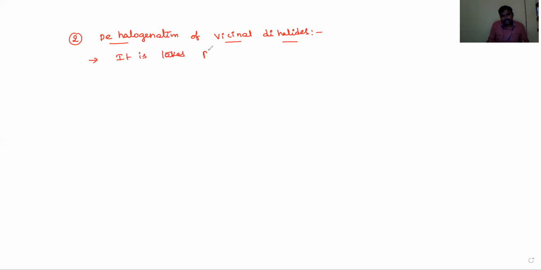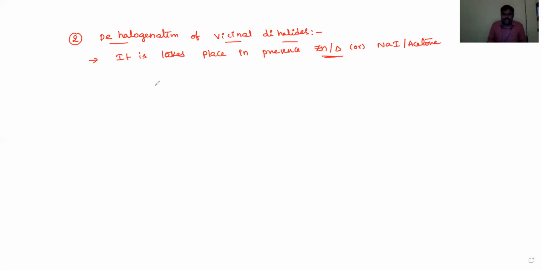It takes place in the presence of zinc metal, or sodium iodide in acetone solvent. These are very good dehalogenating agents.